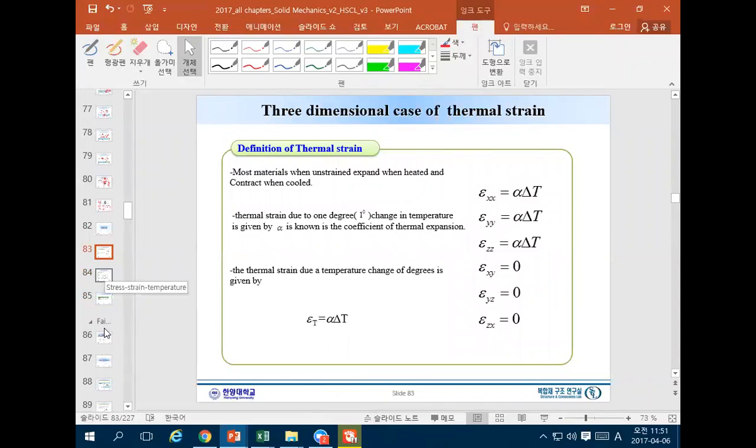Thermal strain, when we have temperature, let's say we have a body, just like a body, and then we increase the delta T. We increase the temperature. No stress, we don't apply any stress, but only temperature. Then this one extends, everywhere extends.